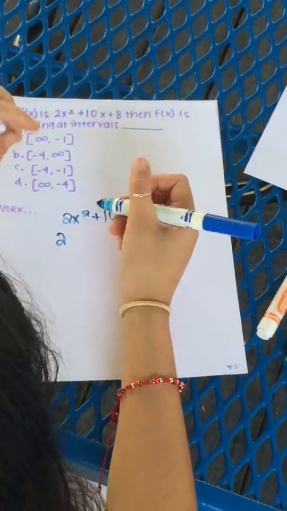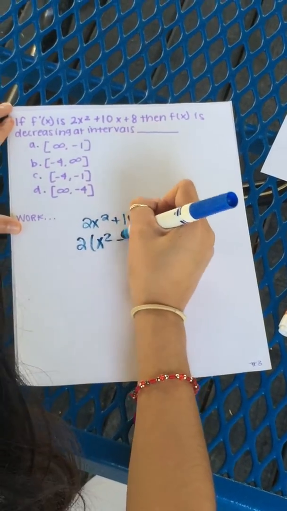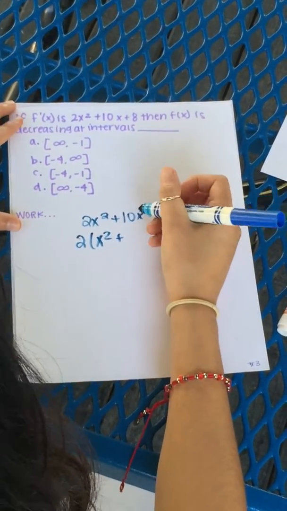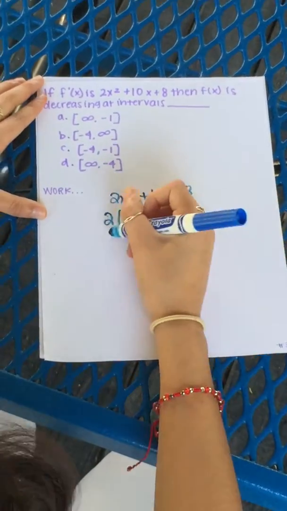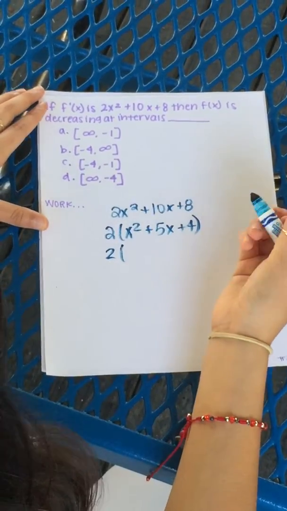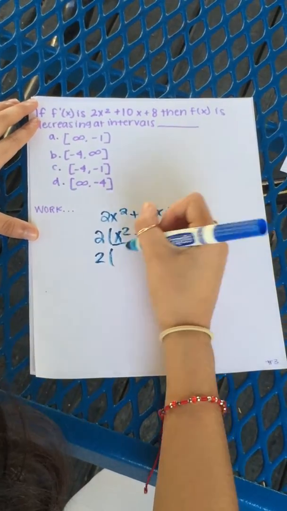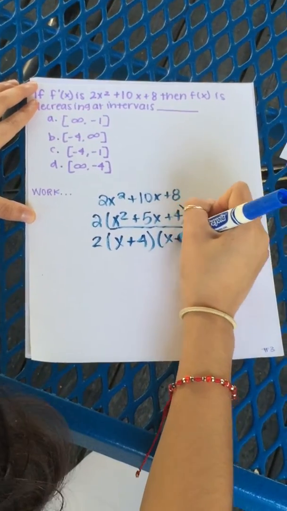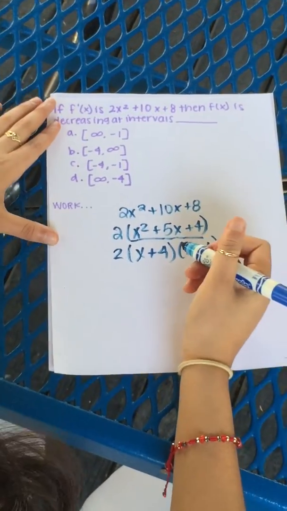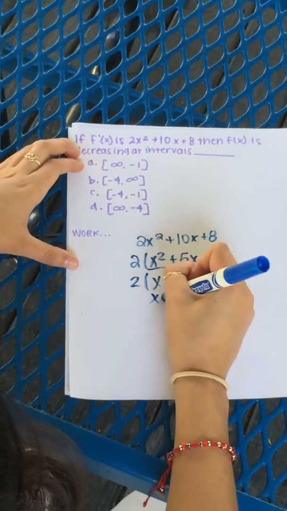So we take a 2 out of the problem, which leaves us with x squared plus 5x plus 4. And then from then on, we have to factor this equation, which is going to be x plus 4 and x plus 1. And then we have to find our zeros.